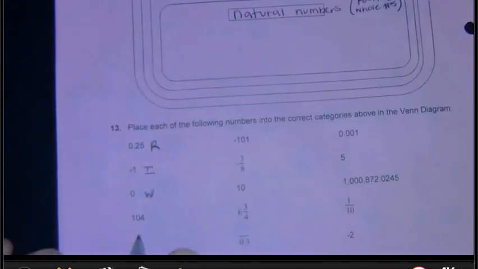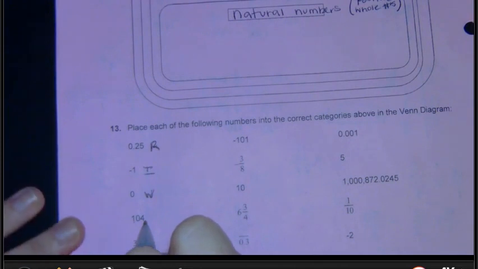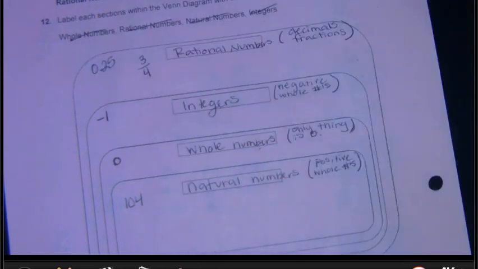That's why he gets his own box. All right, I have 104. Well, this is a whole number and it's positive, so it's going to go into my natural numbers. All right, 3 over 4, I cannot write that as a whole number. That is a rational number that's written as a fraction. So he goes into the rational category.